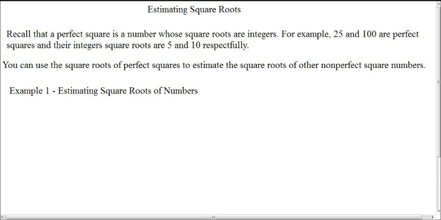Let's go right ahead and say, what two integers? So let's just say we have the square root of 30.